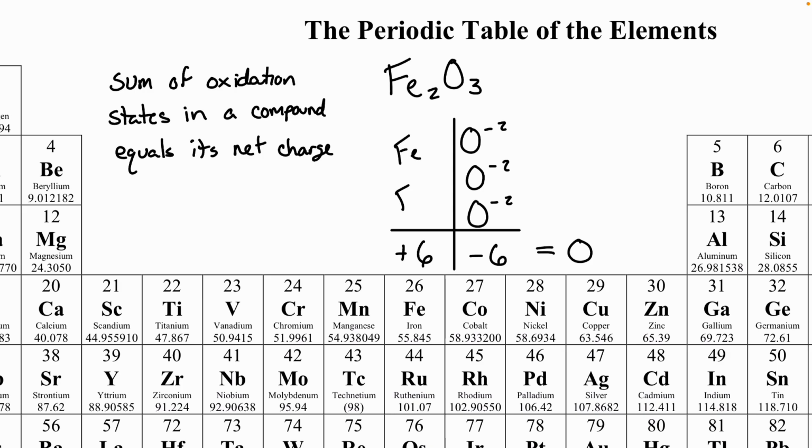I got these 2 iron ions. If they both add up to +6, what's the oxidation state on each of them? +3. Okay, so this is the same process you would have had to go through to name this compound. Rust is more formally referred to as iron 3 oxide. And again, that 3 is the oxidation number on the iron.